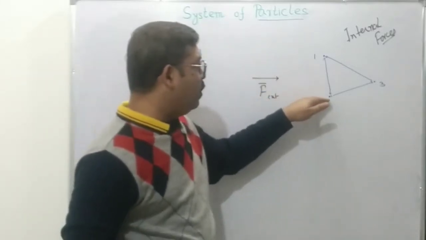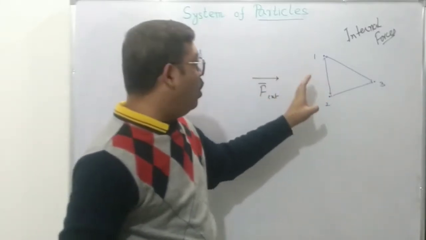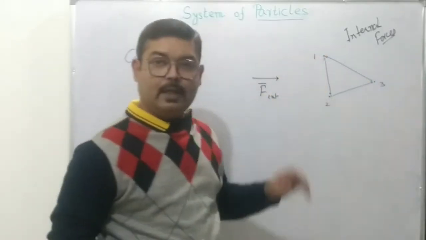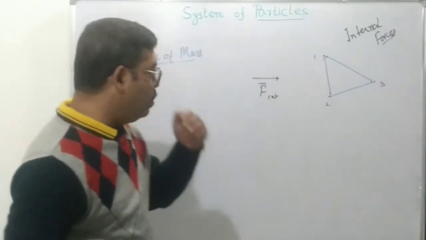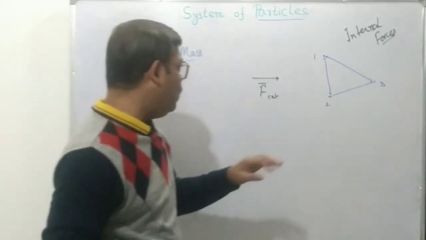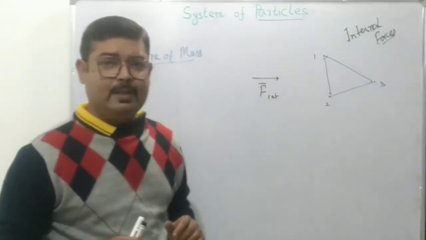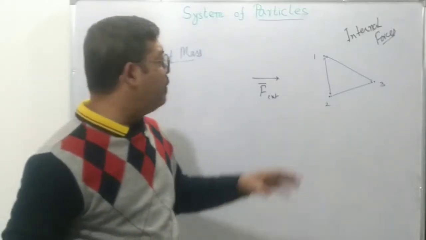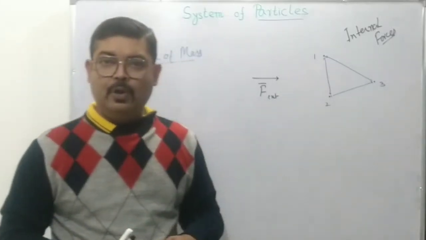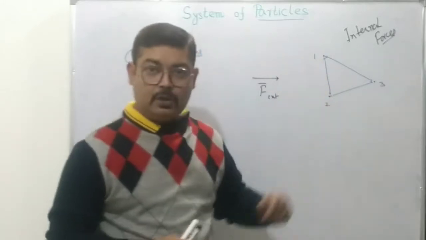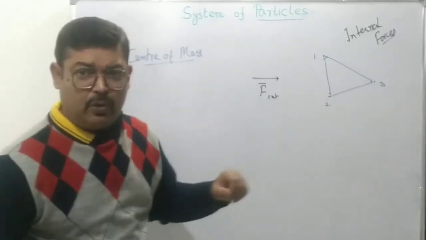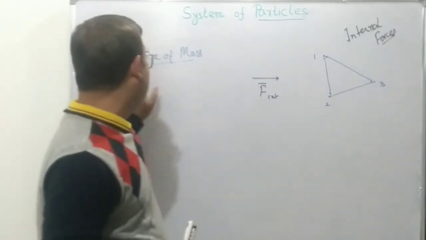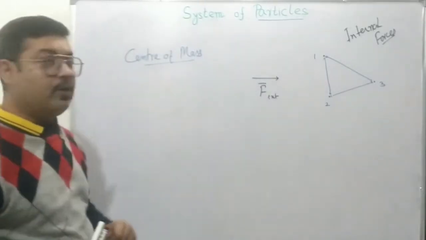Similarly, the force acting on second particle also will get affected by first and third particle, and so on. So what we have is that this system, because of the mutual interaction, it becomes a little difficult for us to apply Newton's laws directly. So to be able to apply Newton's law directly, we need to call in the help of a concept known as center of mass.